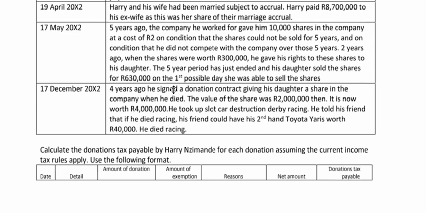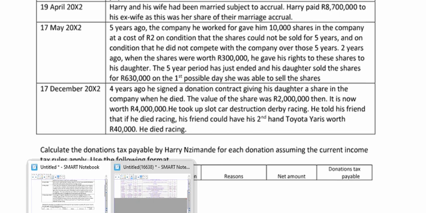Carrying on. And then it says 4 years ago he signed a donation contract giving his donee a share in his company when he died. The value of the shares was 2 million then. It is now worth 4 million. He took up a slot car, Destruction Derby Racing. He told his friend that if he died racing, his friend could have his second-hand Toyota Yaris worth 40,000. He died racing. There are two things here, the company and also the Yaris.